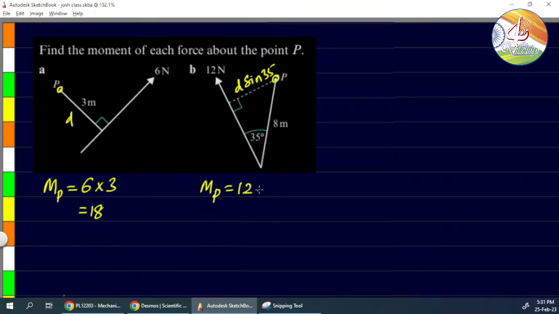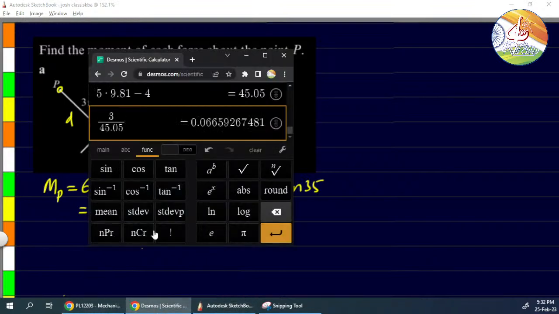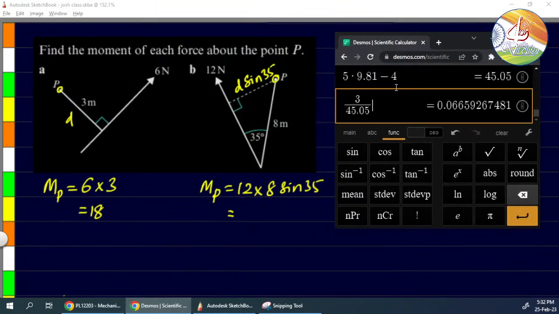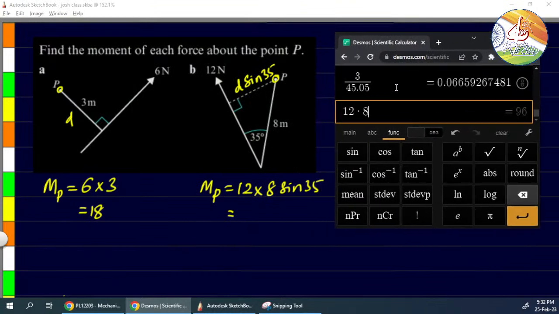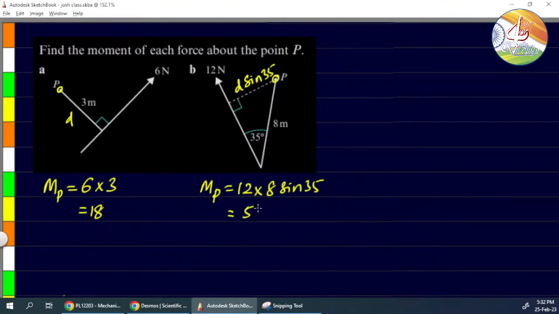So force is 12 into perpendicular distance, that is d sine 35. D is 8. So 12 into 8 into sine 35, that's 55.06. And what is the unit for moment? Unit is Newton meter.